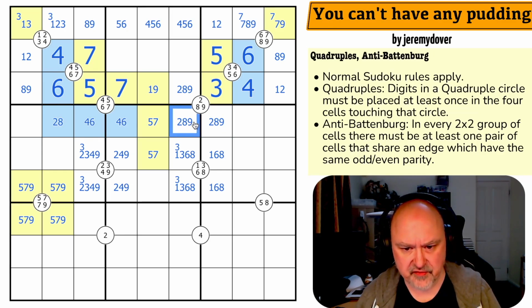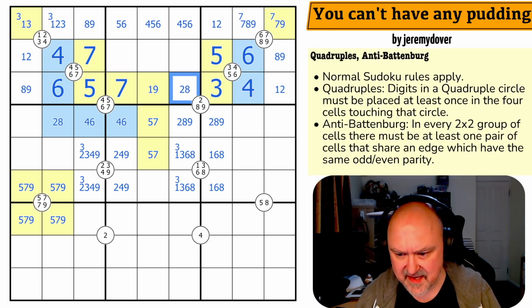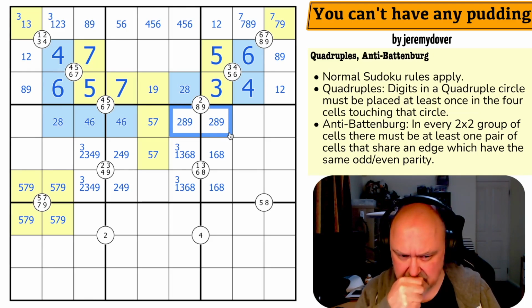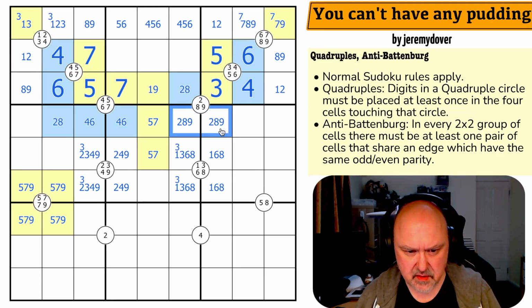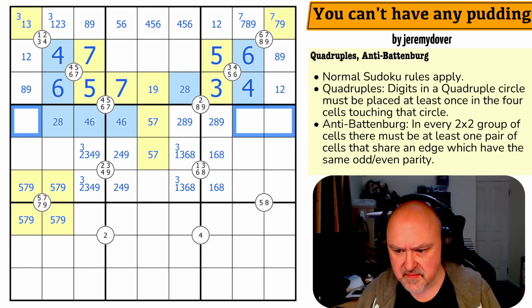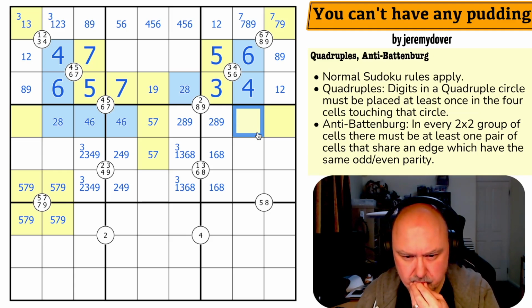So the 9 on that triple is there, and that is not a 9, making that an even digit. The 9 is in here. But one of those has to be even, because I can't make them both 9. So that's 1, 2, 3, 4 evens. All of those must be odd.